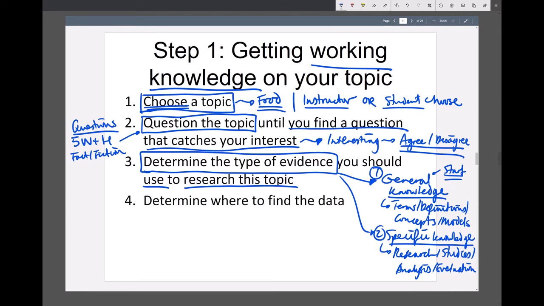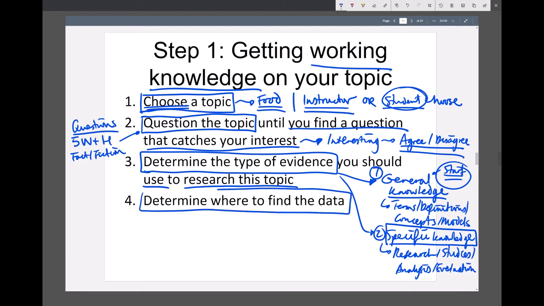Let's say your instructor assigns you the topic. Even if you choose a topic, it is good to start with general knowledge, just so you're sure what questions you can ask about the specific things. And next, you want to determine where to find the data. And the data here is going to be from the specific knowledge type of source.